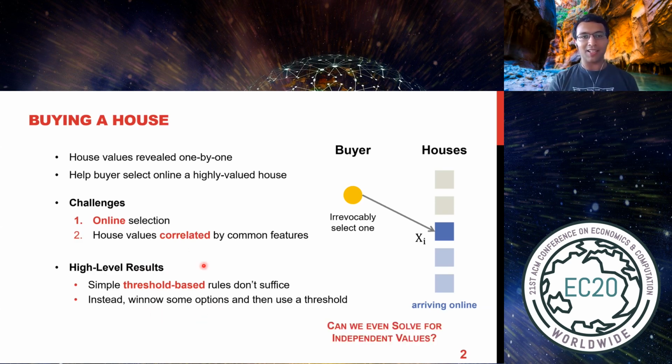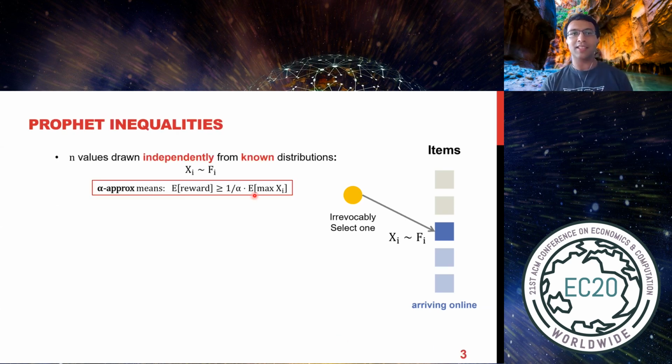But let me first start off with a simpler question. Let's say these values were independent, and I have to do this online selection. Can I hope to do anything even in this setting? This leads us to the popular prophet inequalities model, where you have n independent random variables, drawn from some independent distributions. So x_i is drawn from some known distribution F_i independently.